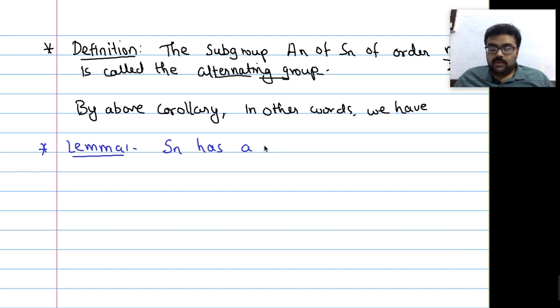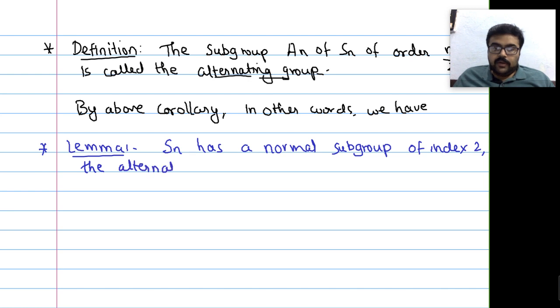Sn has a normal subgroup of index 2. And what is that? The alternating group An, consisting of all even permutations.